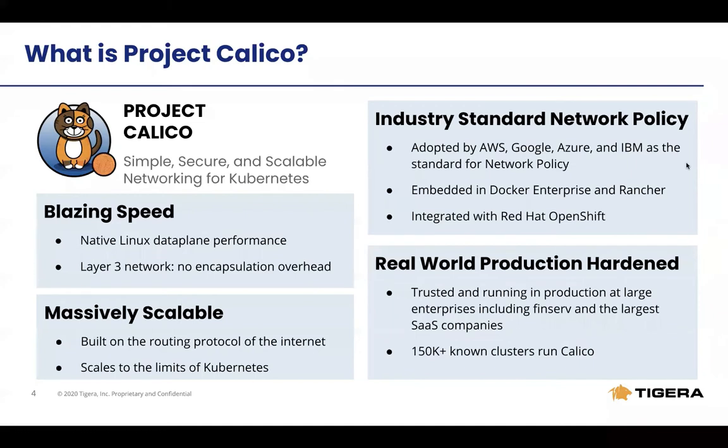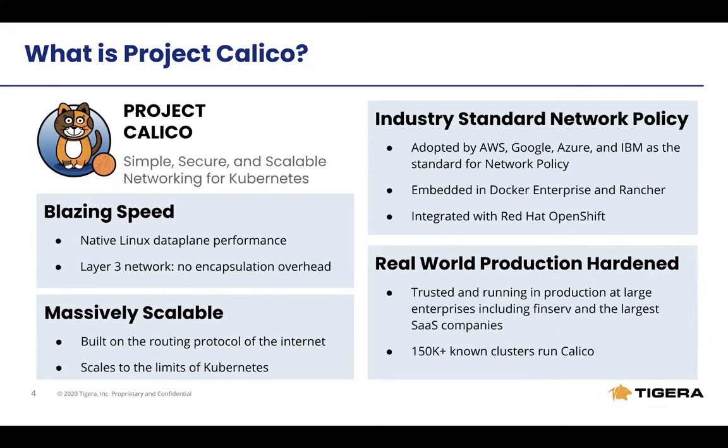So at the high level, why you should care, and why Calico has been widely adopted today by users. It is blazing fast in terms of its performance. Again, as a hard requirement for any CNI, it is going to provide network connectivity between the pods.